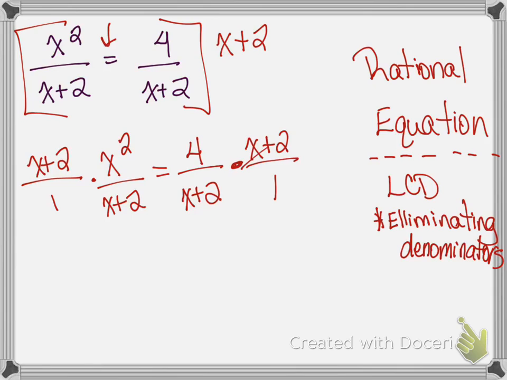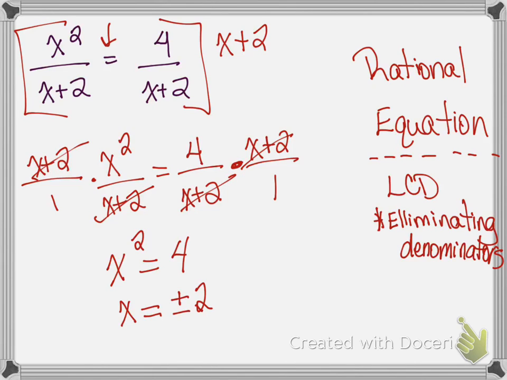And when I do this, what am I left with? x squared equals 4. So if x squared equals 4, what does x equal? 2, or we've got two values here, negative 2.